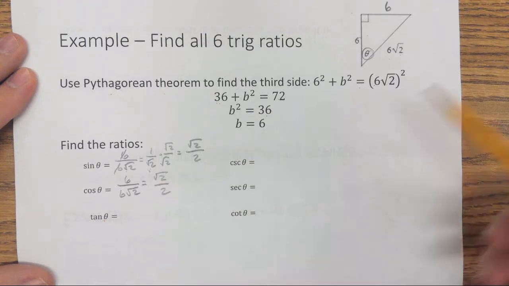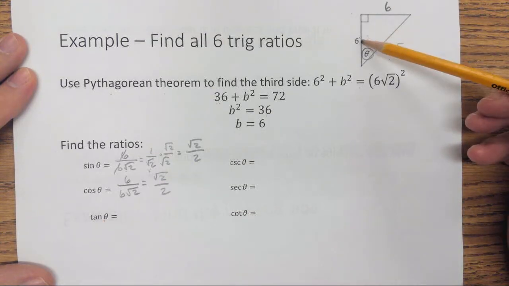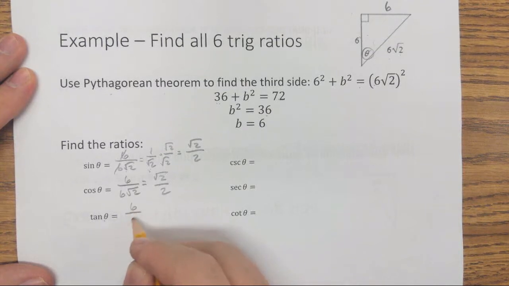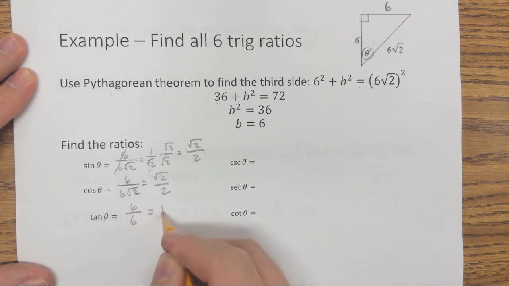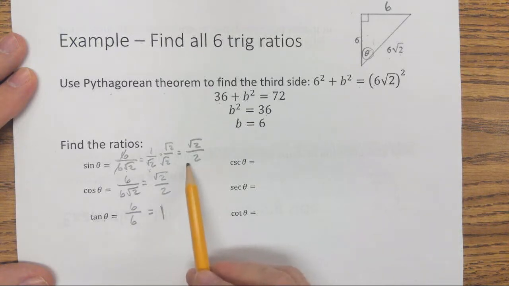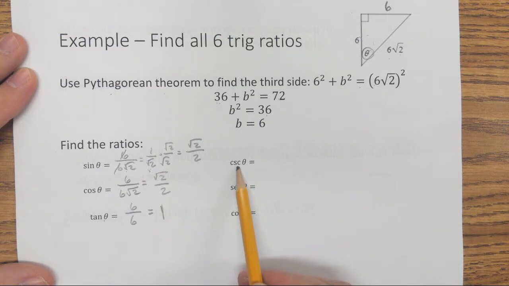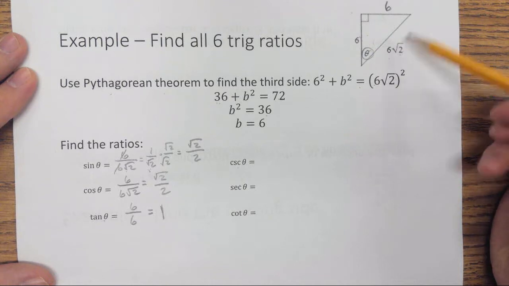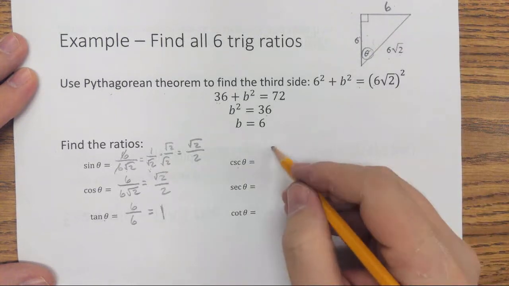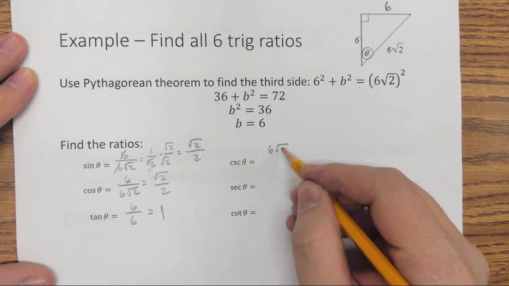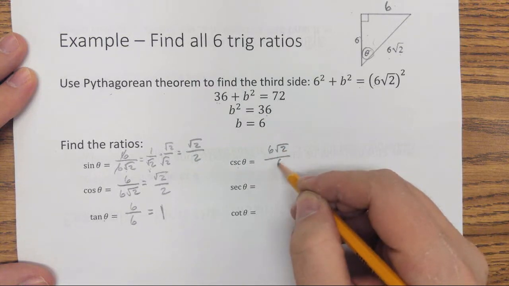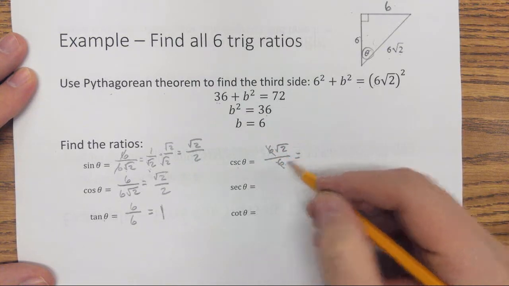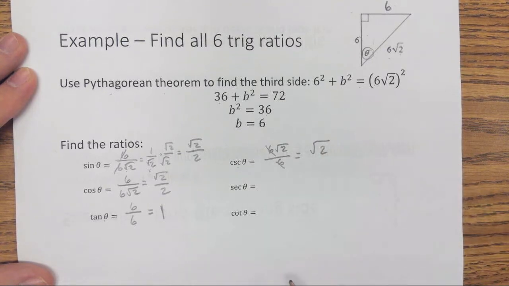Tangent is opposite over adjacent. So 6 over 6, which is just 1. Alright. Cosecant, you could go through the long way and do all this stuff where we're doing this over that if you want. That might be a little bit easier. 6 square root of 2 over 6. Well, that's just square root of 2.